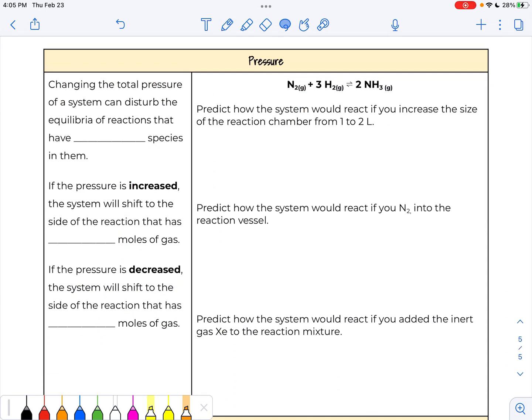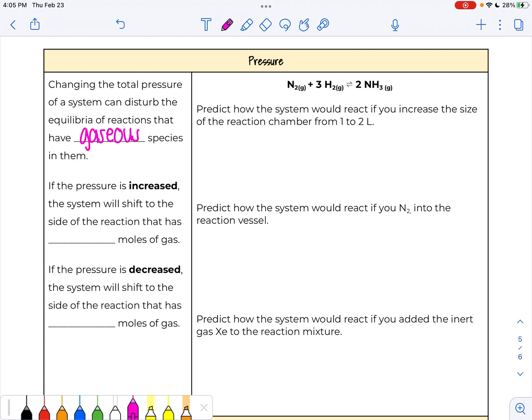All right, next one, pressure. Changing the total pressure of a system can disturb the equilibria of reactions that have gaseous species in them. So pressure, we really only care about when we're talking about gases. If the pressure is increased in the system, you're going to have more collisions between your particles.